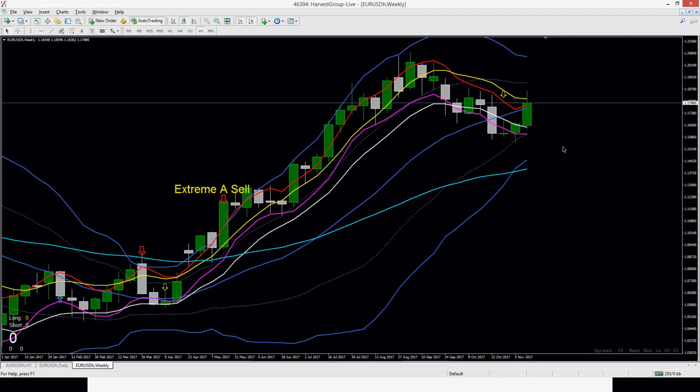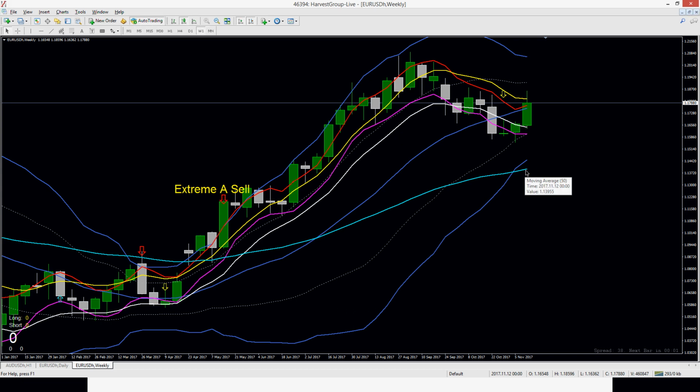Looking at the weekly time frame, we know that this is an uptrend because EMA is below the mid BB. However, the price is just about in the middle of the Bollinger Band. But what you need to understand here is that MA50 is outside of the Bollinger Band.